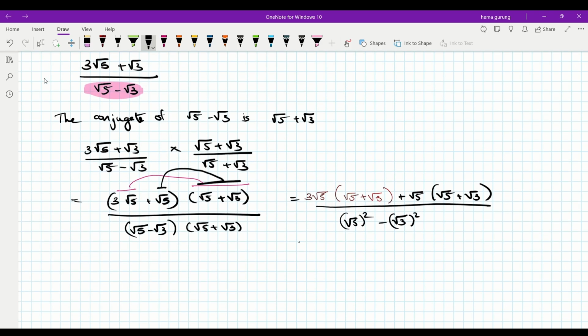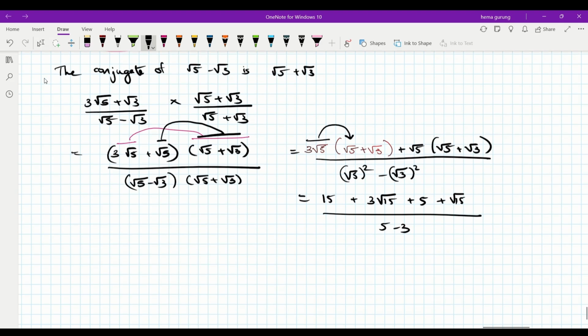Which can further be written as, let's multiply it. What's 3 root 5 multiplied by root 5? You'll see that it will be 15, and this one will be root 15, divided by 5 minus 3, which is 2.